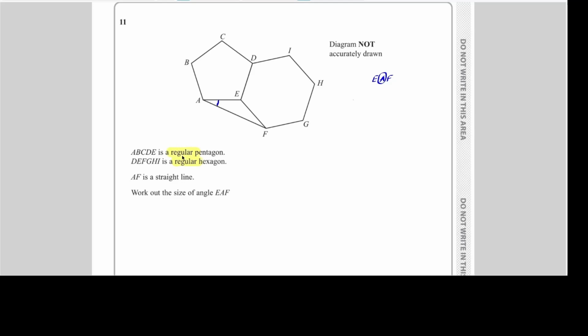What's the meaning of regular pentagon? Regular pentagon means all sides are equal in length. Here now in this case, the pentagon, all sides are equal in length. Therefore, I am labeling it as equal length. And therefore, all interior angles are also equal in size. Right?